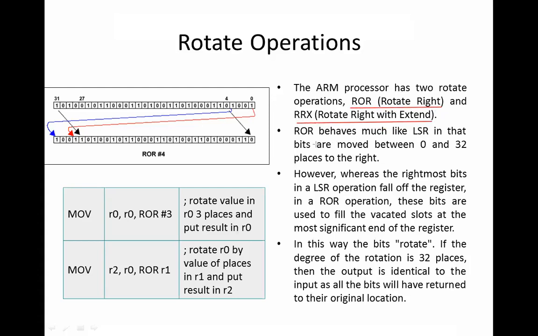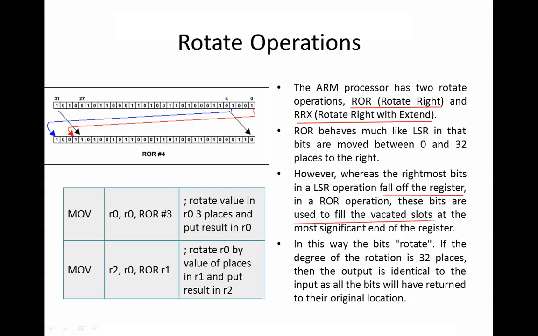ROR behaves much like LSR, which is logical shift right, in that the bits are moved between 0 and 32 places to the right. However, the rightmost bits in an LSR operation fall off the register. When I say fall off, it means we are losing the values in the register. In an ROR operation, these bits are used to fill the vacant slots.